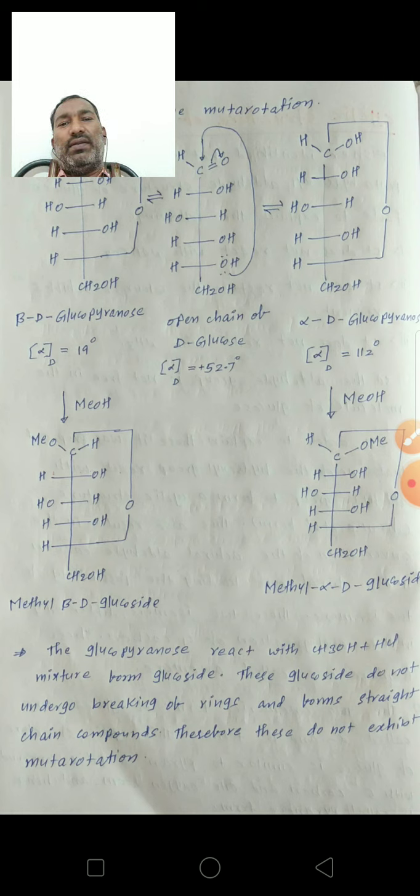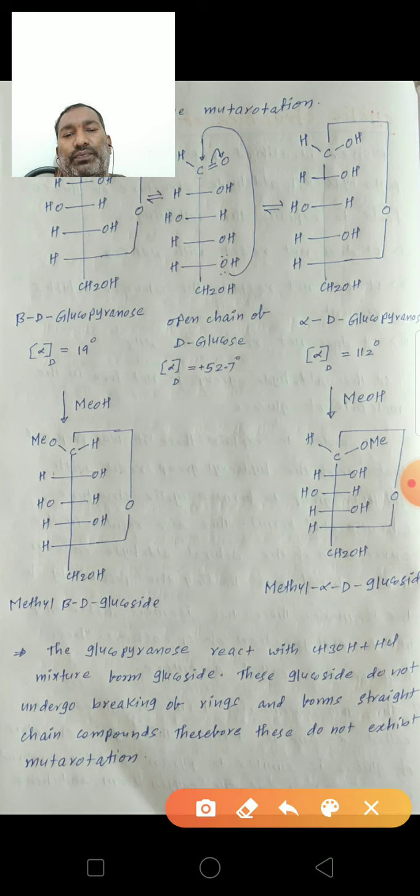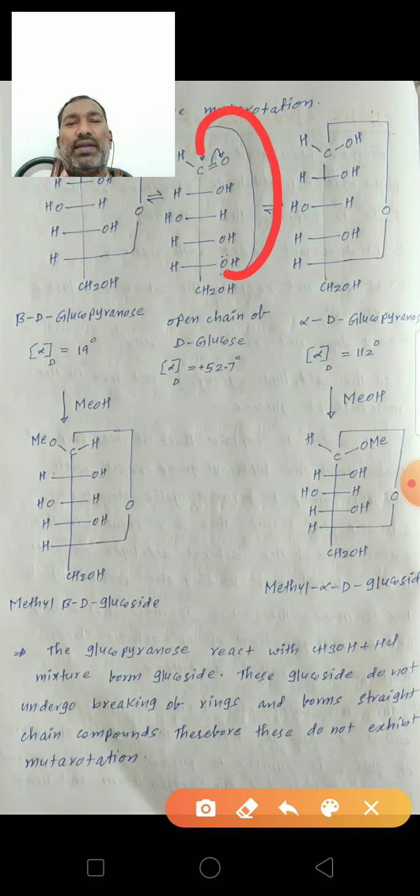See here. In the aldehyde group, carbon and oxygen, oxygen is the more electronegative atom, so the pi bond shifts towards the oxygen atom. These electrons will react with the carbon atom to form this alpha D-glucopyranose.